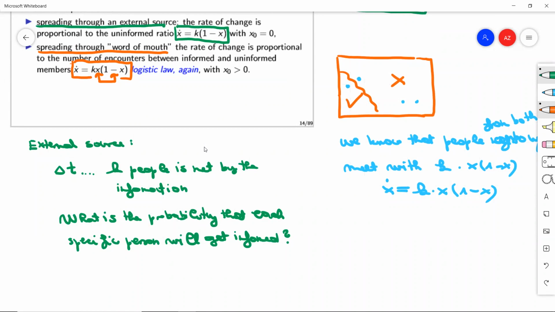The ratio of informed people is X, so the ratio of the uninformed group is 1 minus X. So the probability that each specific person will get informed is 1 minus X. It's exactly the probability he or she will be from the uninformed group.